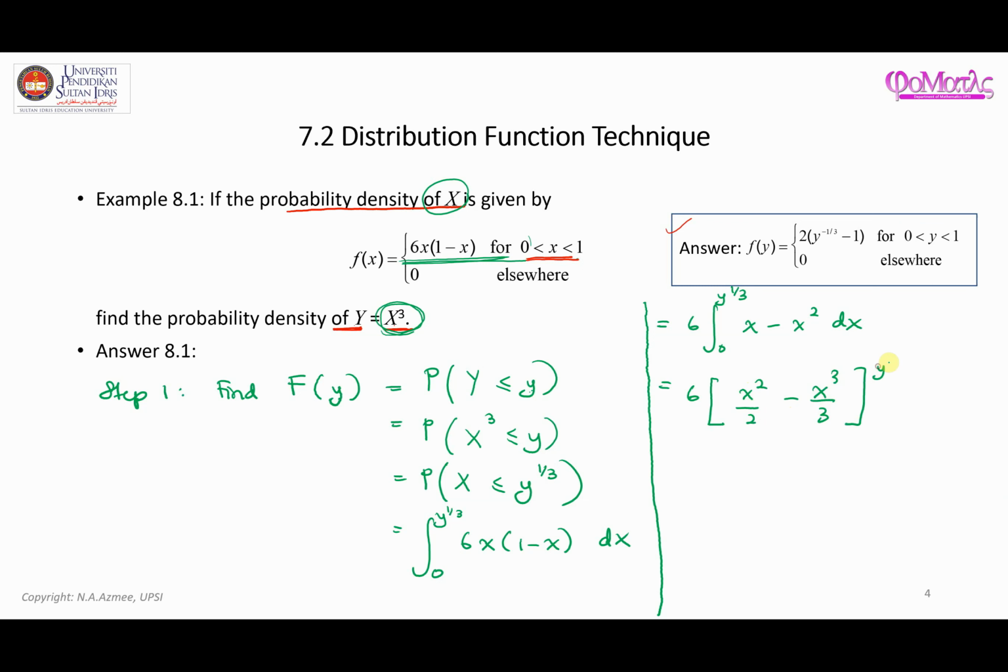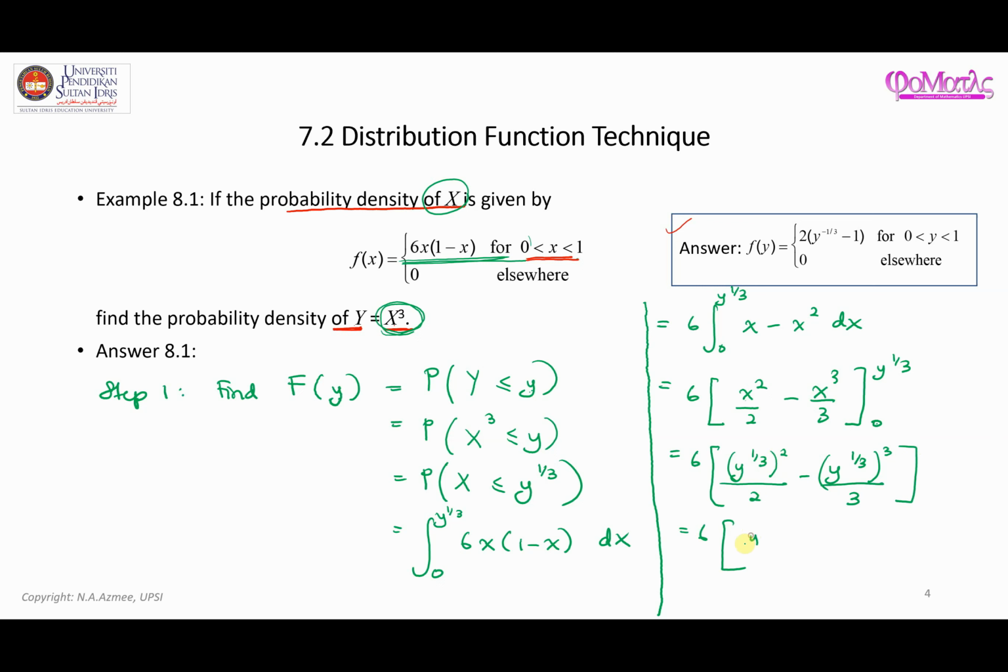The limits are as such, and we're going to substitute all the limits. So here we have y to the 1 over 3 squared minus y to the 1 over 3 cubed. If you substitute 0 into all this, the terms just disappear. So that's all that we have, and we just need to simplify that.